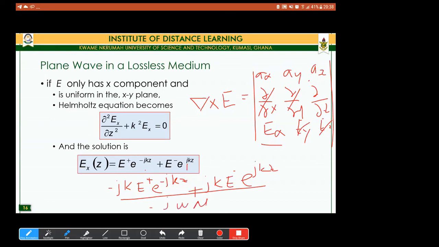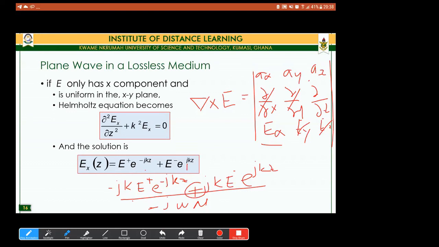So if you do that, we can actually factor out k. k is common. j cancels out. The negative cancels out. So this one here will be negative, right? This plus will become negative because we have negative here. j cancels out, and then we have omega mu.